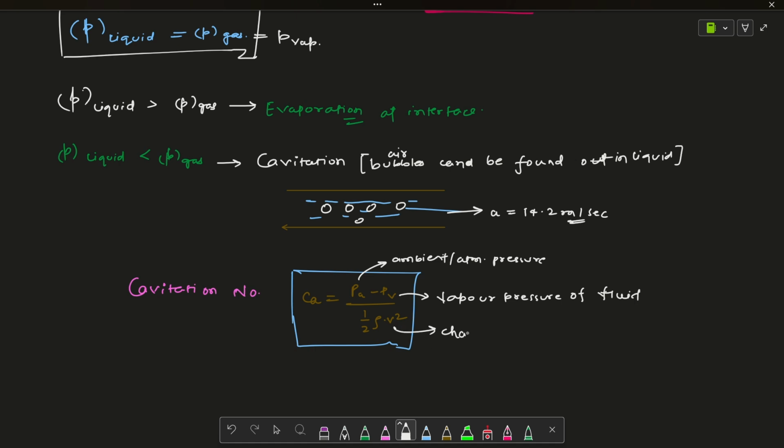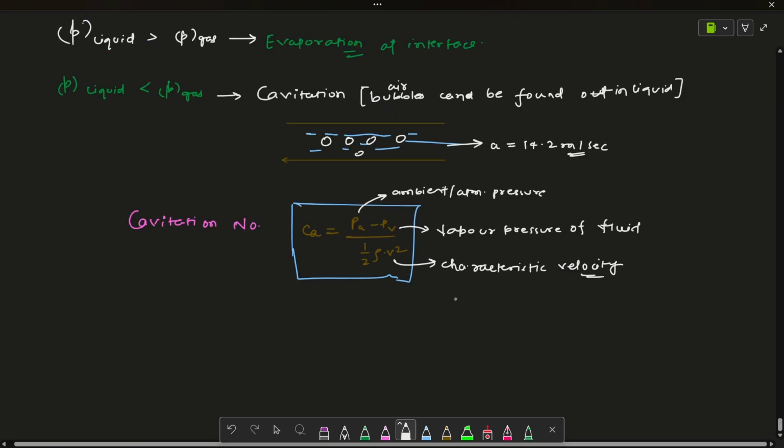And this V is the characteristic velocity, not a simple velocity, right? We have discussed earlier that characteristic distance and characteristic velocity are two different things, and we will see how we will find them for different problems. It will vary according to geometry and kind of things, and rho is the fluid density.